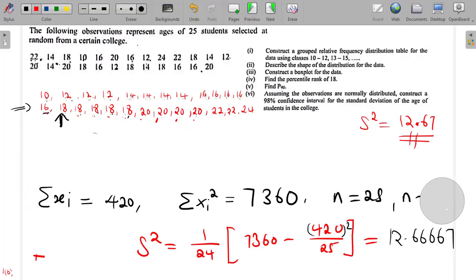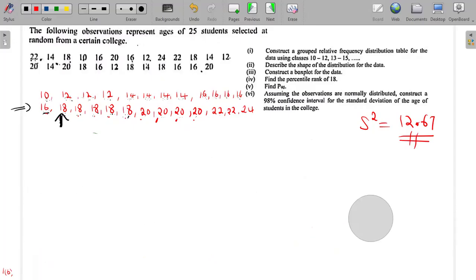I can now use this variance to find a confidence interval. Remember, this confidence interval is at 98% confidence level. So my significance level is simply 1 minus c. 98 divided by 100 is 0.98, and this will just be 0.02.